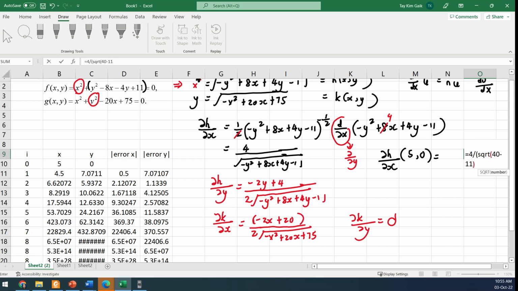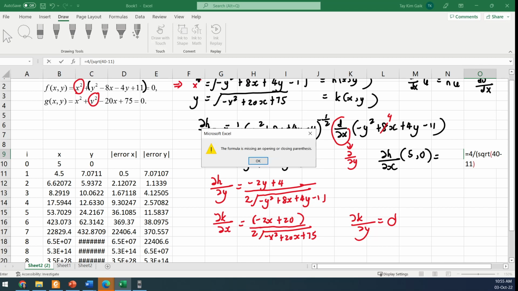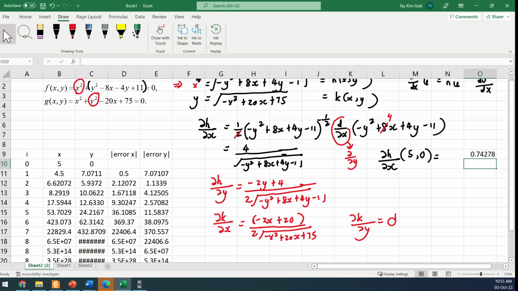I want to see the value. Oh, missing one more bracket for the square root, and one more bracket at the denominator. So del h del x at the point 5, 0.